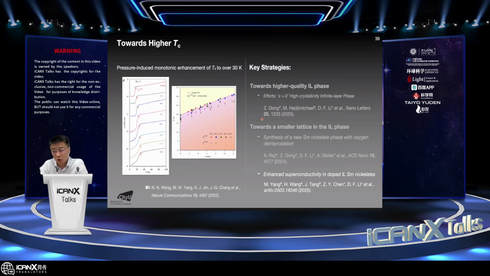So once oxygen becomes difficult to remove, or at least you need higher energy provided to the system to remove these oxygens, the material would become more unstable. So it becomes difficult to achieve this infinite-layer phase.